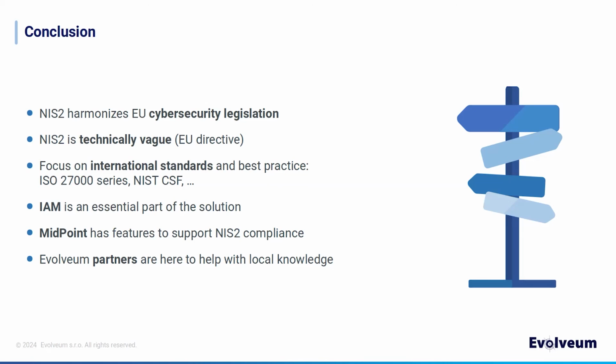As pretty much expected, it is a directive, so it's technically vague, and we have to look for other information to find out the exact measures and controls that we need to implement. NIS2 is pointing at international standards and best practices. Therefore, specifications like ISO 27000 or the NIST cybersecurity framework are the things to follow.